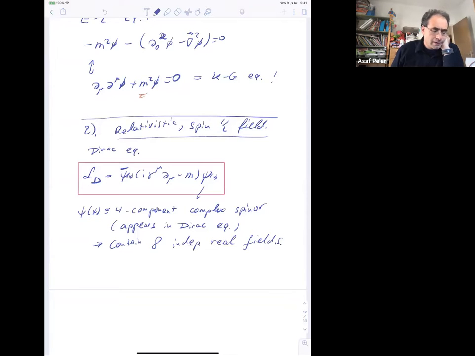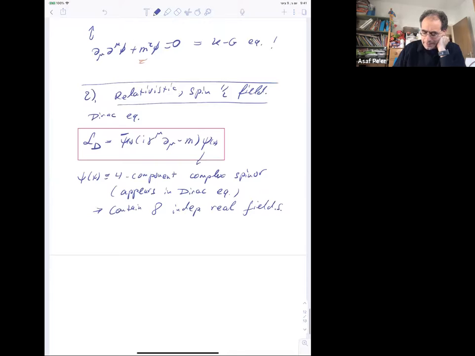So as independent degrees of freedom we will take the 4 components of the spinor psi and the adjoint spinor psi bar, right? It's much more handy.